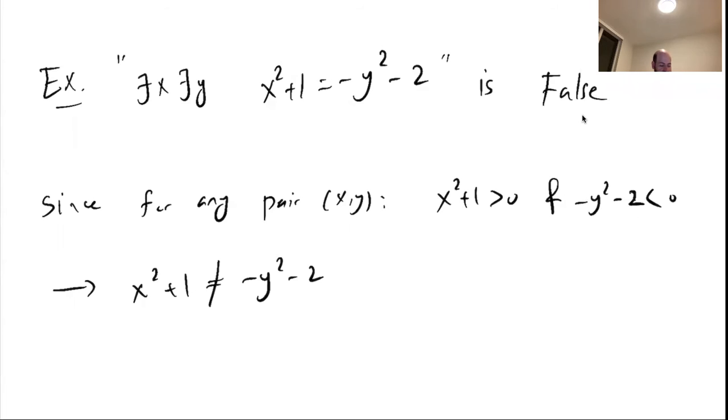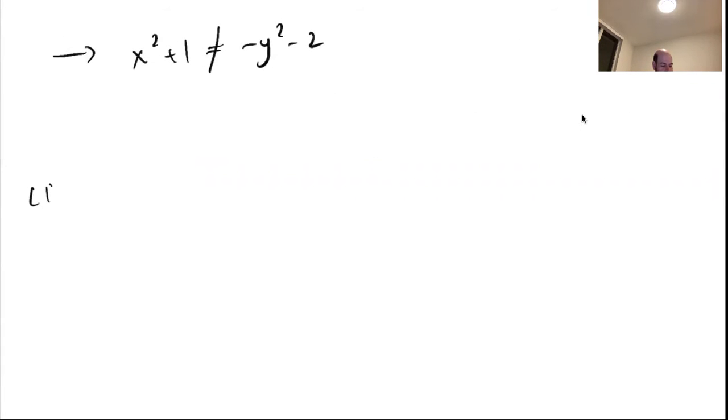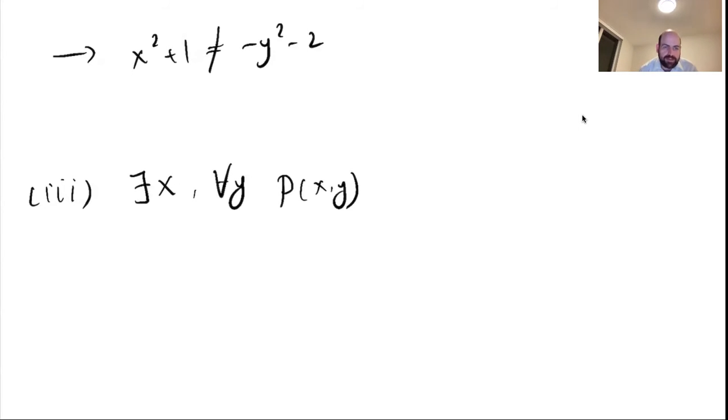So that means this equality does not hold for any pair x and y, and therefore this statement is false. All right, so the next type of nested quantifiers that we want to look at is a statement of the form, let's say, there exists x for each y, p of x and y. Again, let's think about the example of classes in Columbia College and the students in those classes.